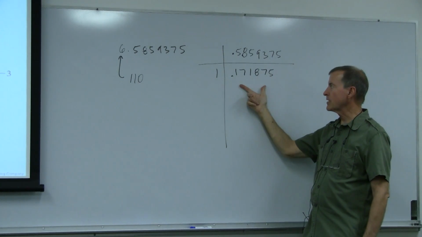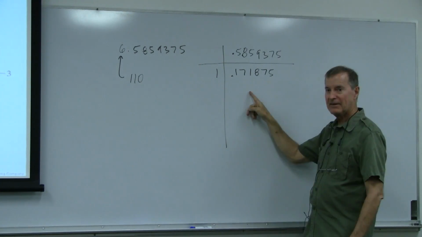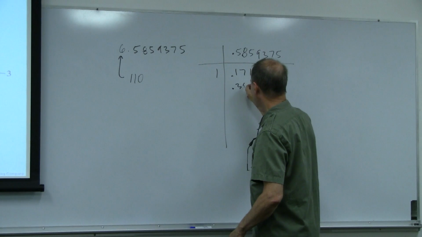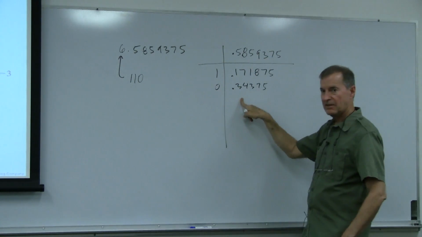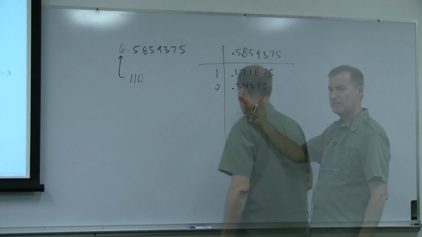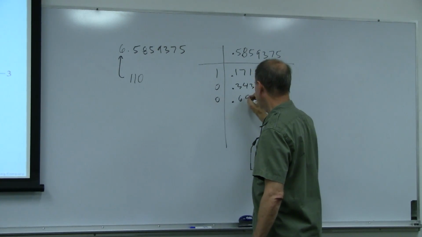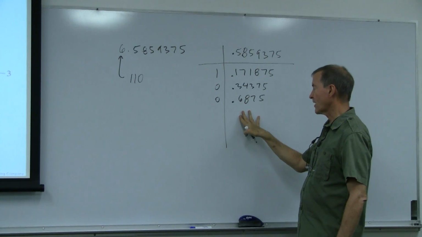But now what happens if we multiply 0.171875 times 2? That is 0.34375. And that's 0 point. And what is 0.34375 times 2? Okay, so say it again. 0.6875. And then 0.6875 times 2.